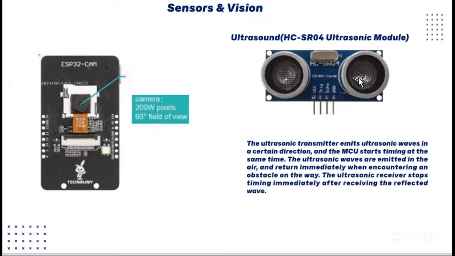It will send waves in front until it hits an obstacle, and then wait to hear again, to receive again those waves or sound. So that is used to measure when I should turn, or when I should stop, or when I should continue, or if there is space to continue or not.